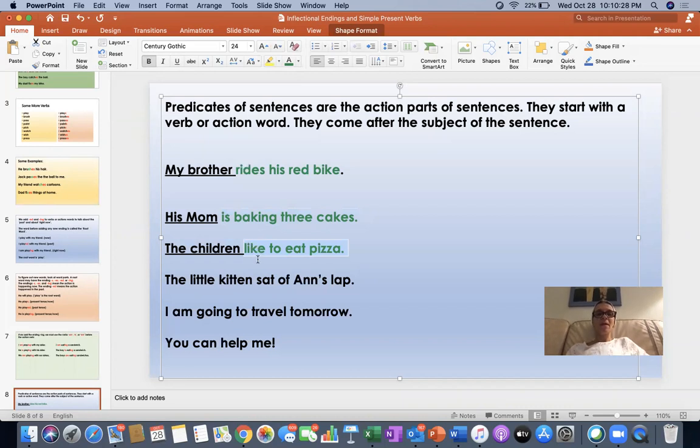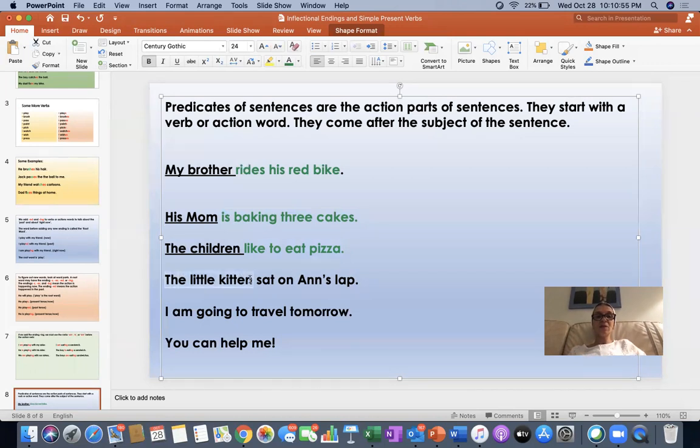All right, let's look at the next sentence. The little kitten sat on, oops, I made a mistake here, let me correct it, on Anne's lap. So the little kitten sat on Anne's lap. Who is this sentence about, or what is this sentence about? It's about the little kitten.